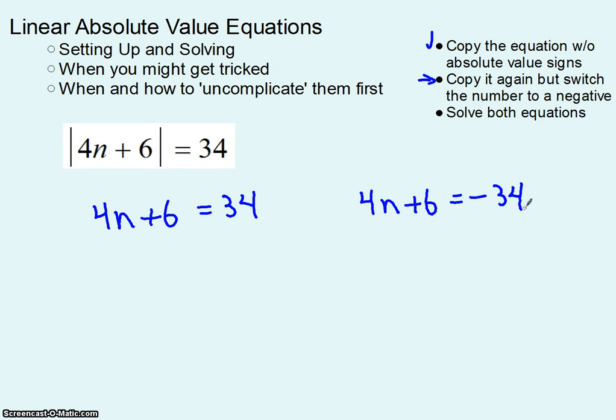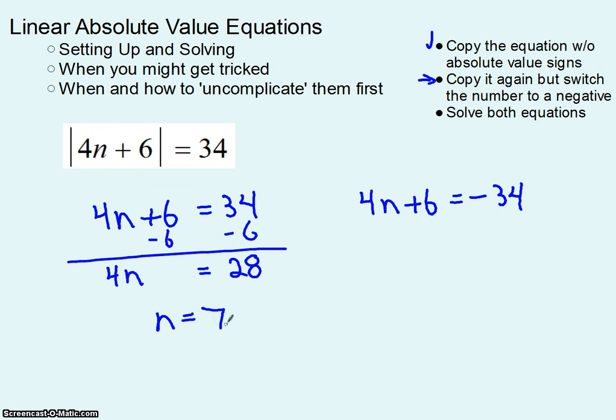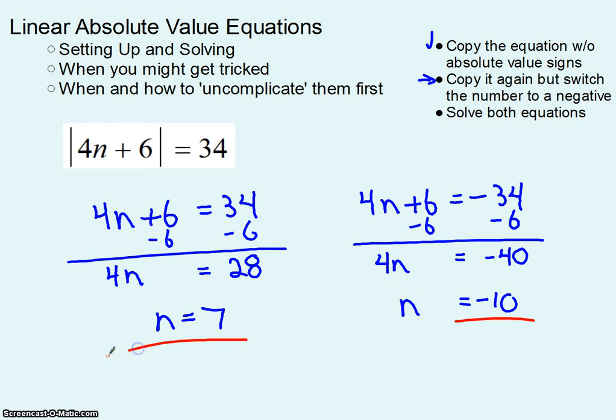And then we'll simply solve each equation. Subtract 6, you're going to get 4n equals 28, which makes n 7. Subtract 6, you get 4n equals negative 40. I realize I'm kind of hurrying through that, but I'm assuming that you've solved equations like this for a while. So n equals negative 10. So here are both of your answers.